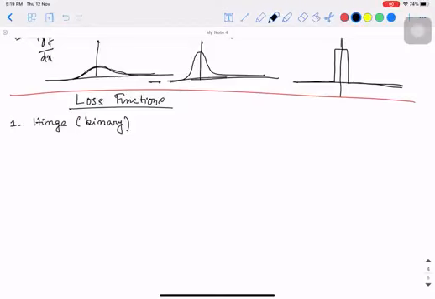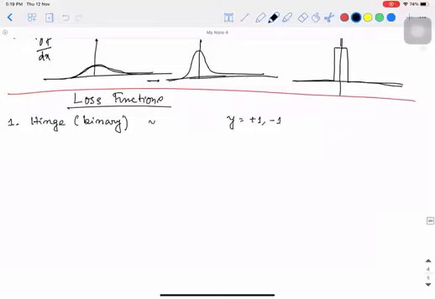So +1, -1. The intended output y is +1 or -1, and we have got an output y hat from the model. Since this is binary, we use some sort of sign function on this y hat, and call it y bar, just a symbol.